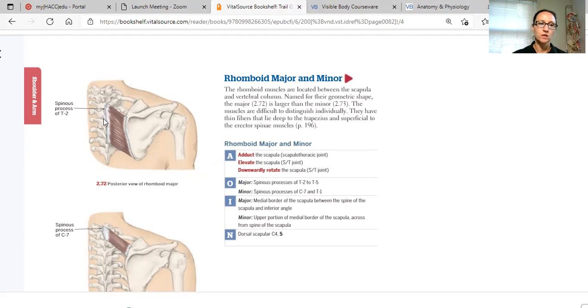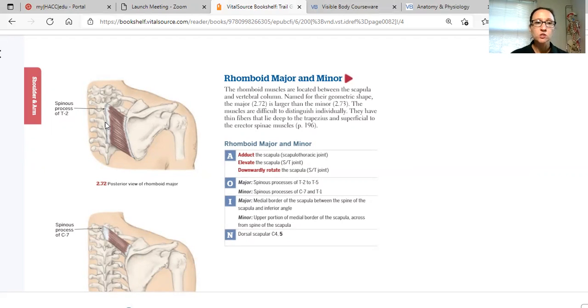So for the rhomboids as a whole, spinous processes of C7 to T5. Remember, cervical vertebrae is C, thoracic vertebrae is T.